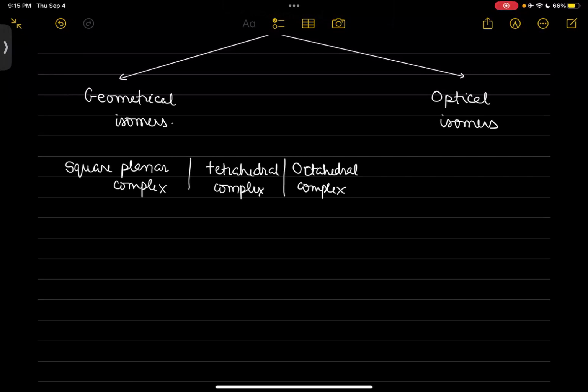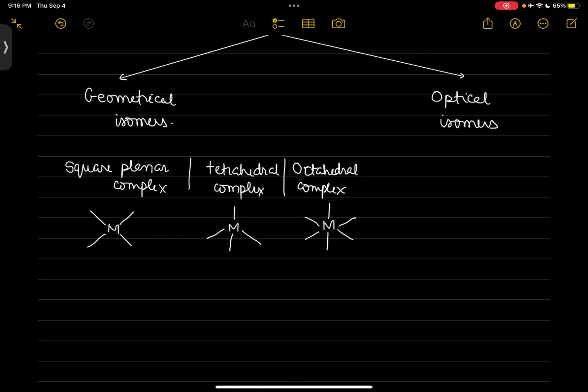Got it? Square planar is like this. The four ligands are in the plane pointing towards the corners of a square. I'm not writing the ligands, just to keep it simple. I'm just drawing the arrangements. Square planar, tetrahedral, octahedral.